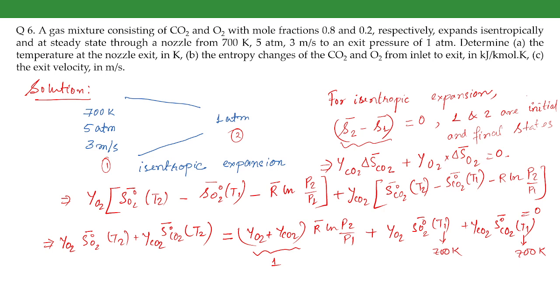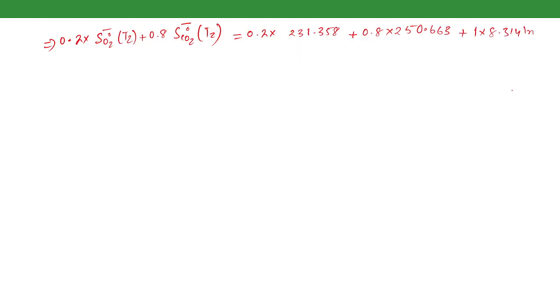Final pressure is 1 atmosphere and the initial pressure is 5 atmosphere, so this will be 1 by 5. As such, we can write 0.2 S°O2 bar at T2 plus 0.8 S°CO2 bar at T2. The value comes out to be 233.42, but we don't know the value of T2.